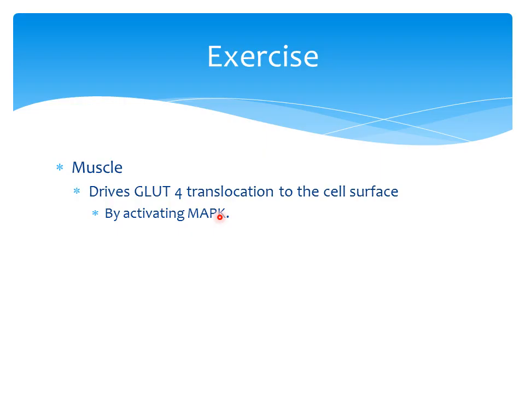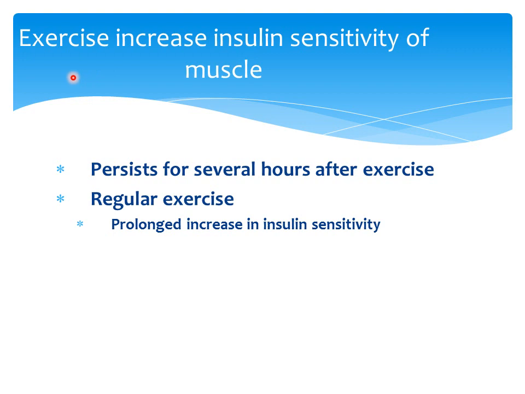So when you are exercising, even without the presence of insulin, the muscle becomes permeable to glucose. Moreover, exercise increases insulin sensitivity of muscle, and this increased sensitivity persists for several hours after exercise. Regular exercise can cause prolonged increase in insulin sensitivity. This is very helpful in the diabetic patient.